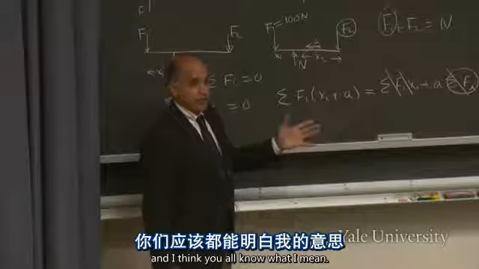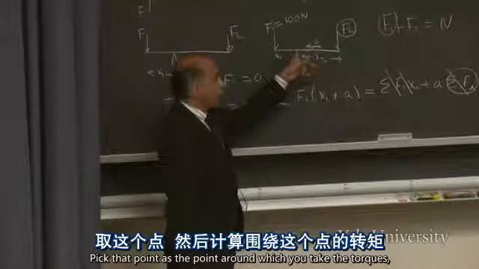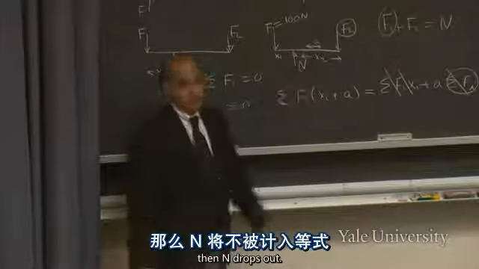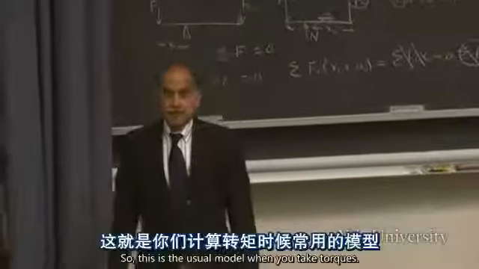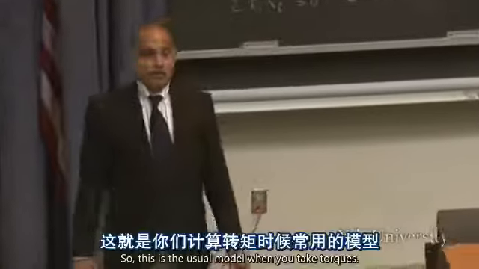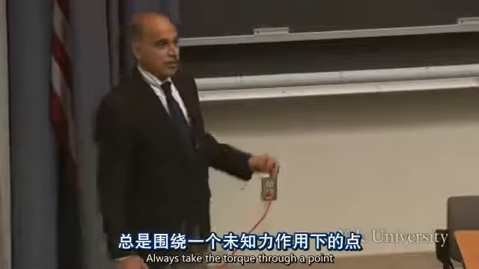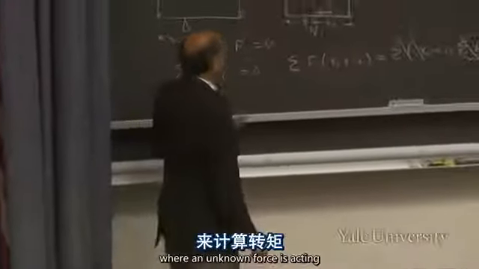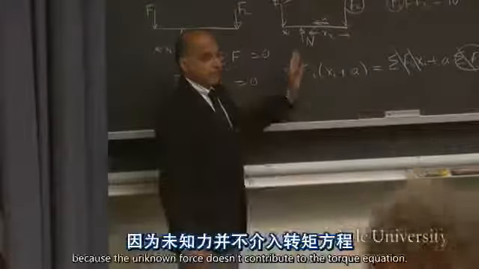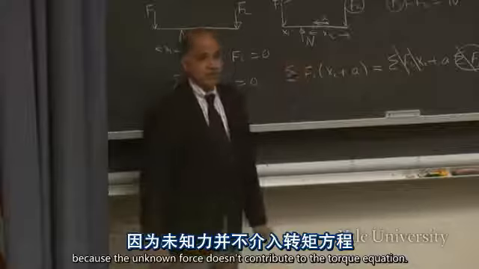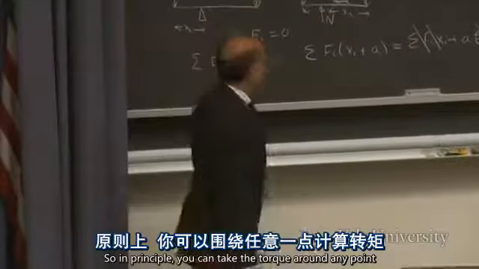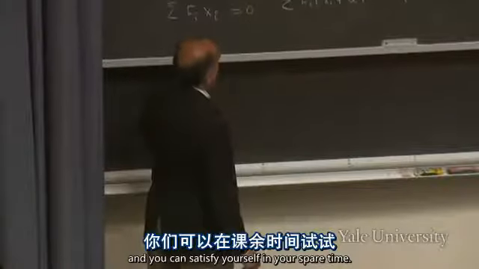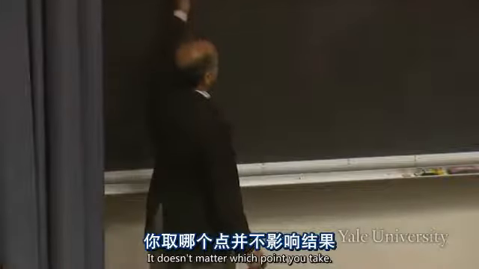And I think you all know what I mean. Pick that point as the point around which you take the torques, then n drops out. So this is the usual model when you take torques: always take the torque through a point where an unknown force is acting, because the unknown force doesn't contribute to the torque equation. So in principle, you can take the torque around any point and you can satisfy yourself in your spare time. It doesn't matter which point you take.